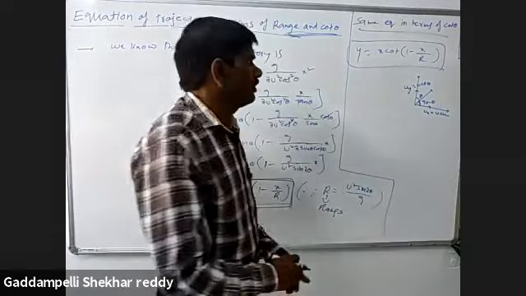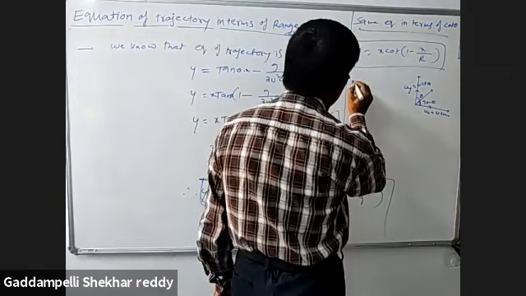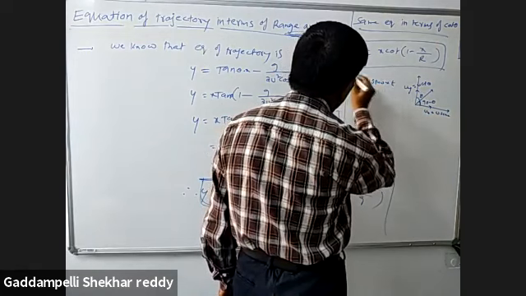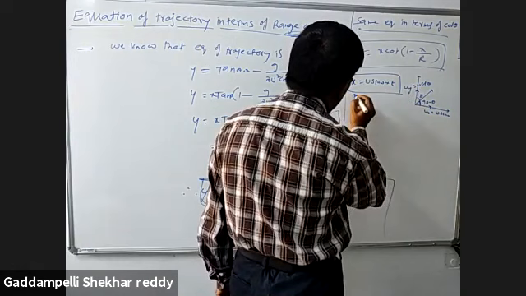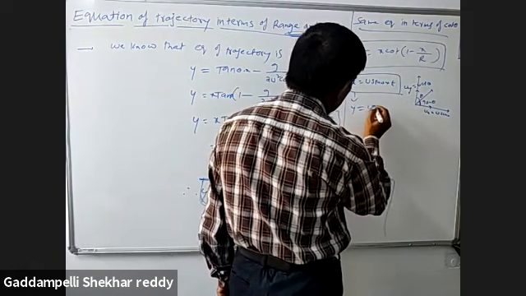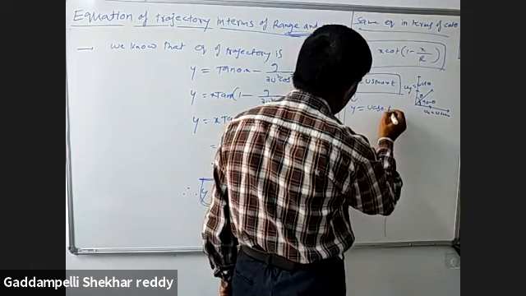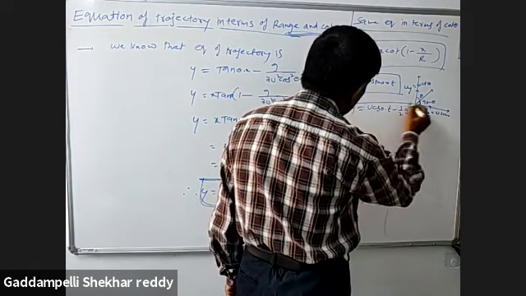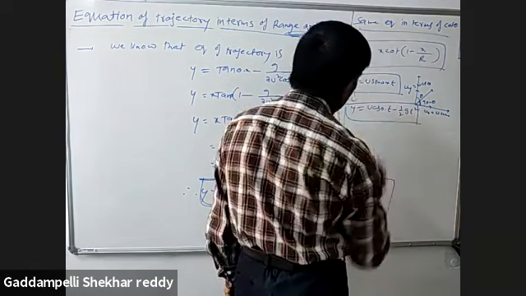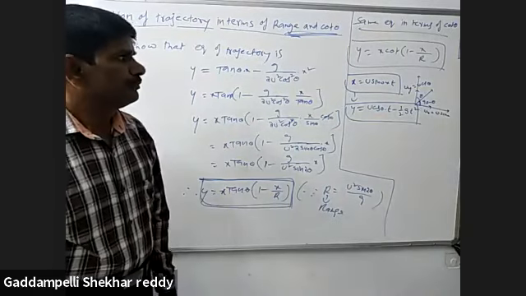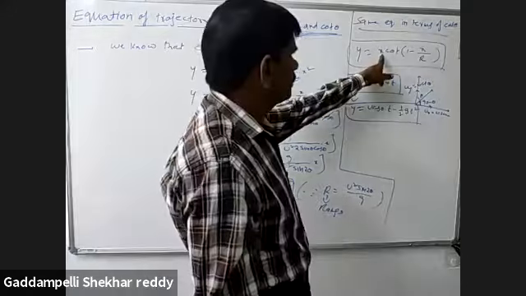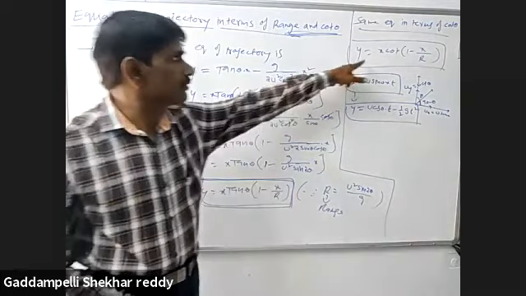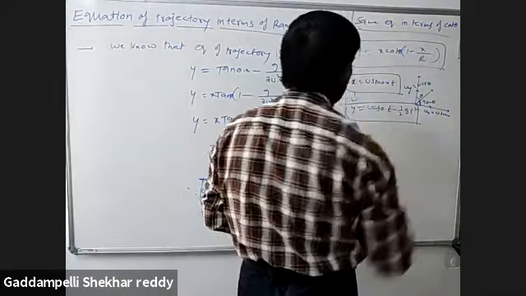So the projectile equations are: horizontal distance is u sin theta into t, and vertical distance y is equal to u cos theta t minus half g t square. After simplification, we get this value. So we have the range in terms of tan theta, and the range in terms of cot theta.